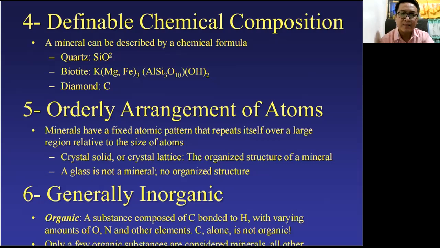Minerals have a fixed atomic pattern that repeats itself over a large region relative to the size of atoms. So, for example, glass is not a mineral because wala siyang organized molecules, organized structure mismo doon sa glass. So, mga crystal solid or crystal lattice, this is the organized structure of the mineral.